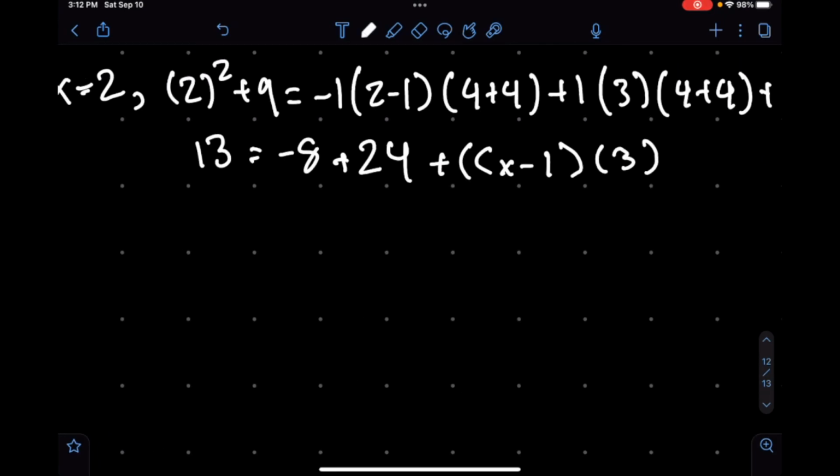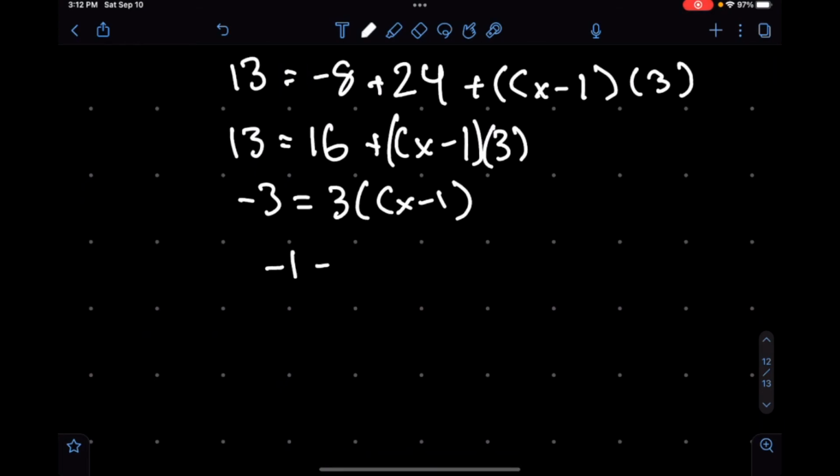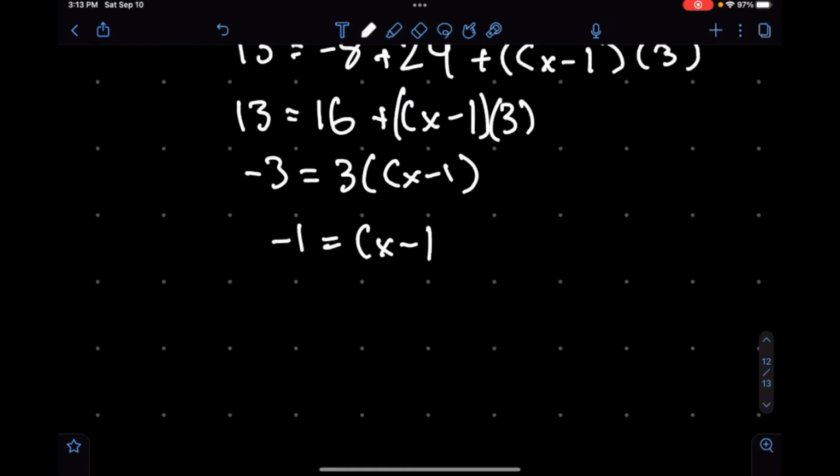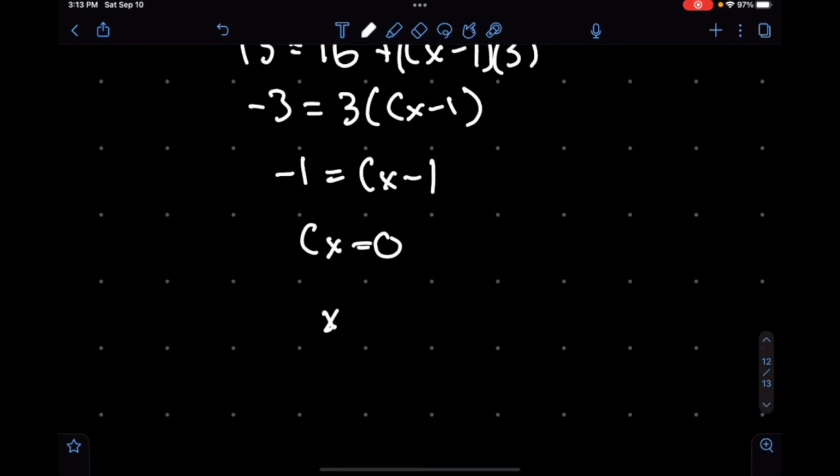We could simplify these integers over here, and we get 13 is equal to, that looks to be 16, plus cx minus 1 times 3. Then we get negative 3 is equal to 3 times cx minus 1. We get negative 1 is equal to cx minus 1.